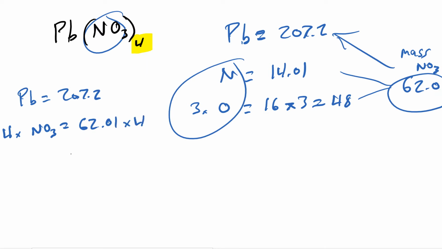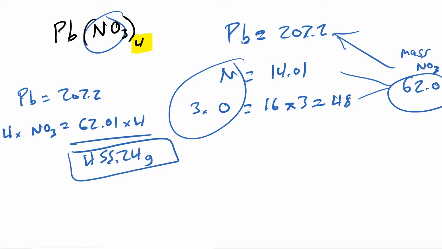And so what do you get when you add 207.2 plus 62.01 times 4? You get a total molar mass of 455.24 grams, and that is the mass of lead nitrate.